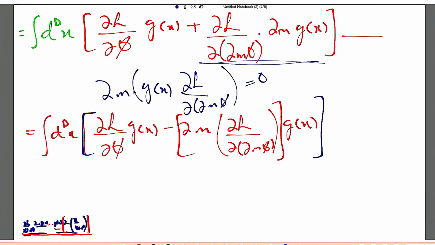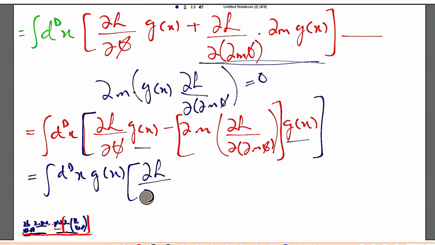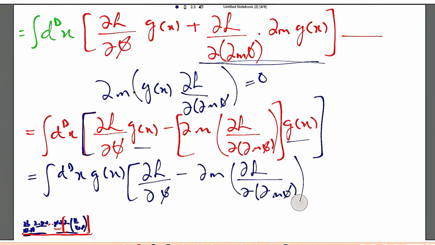So now we can factor out g of x from this expression, and write it outside, and inside we have partial L by partial phi minus partial m of partial L by partial m phi, and the bracket closes.